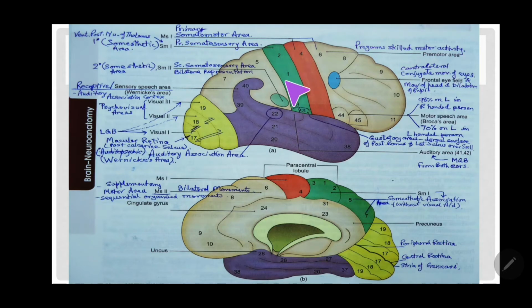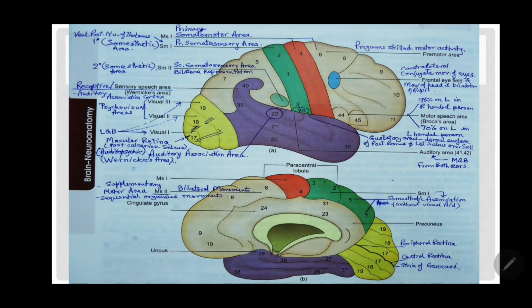Of course, it will be connected with association fibers to the other sensory areas, to the association areas, to the secondary areas. And of course it will also be connected to the similar areas on the opposite cerebral hemisphere. Those will be its connections.